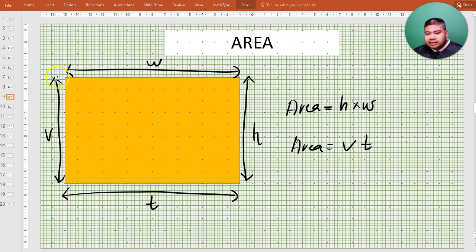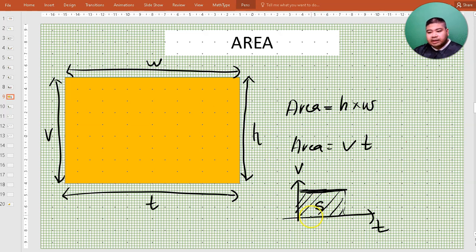If you look at the V and the T, it looks like a graph of V and T. If you calculate the area under the graph, what does the area represent? It represents the displacement of the object. So the area under the graph represents the displacement of the object.